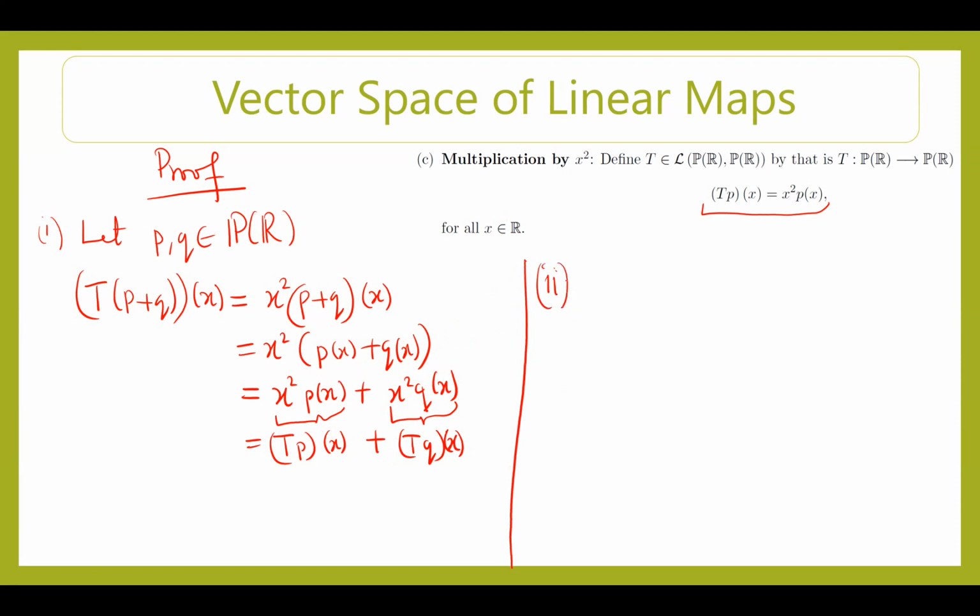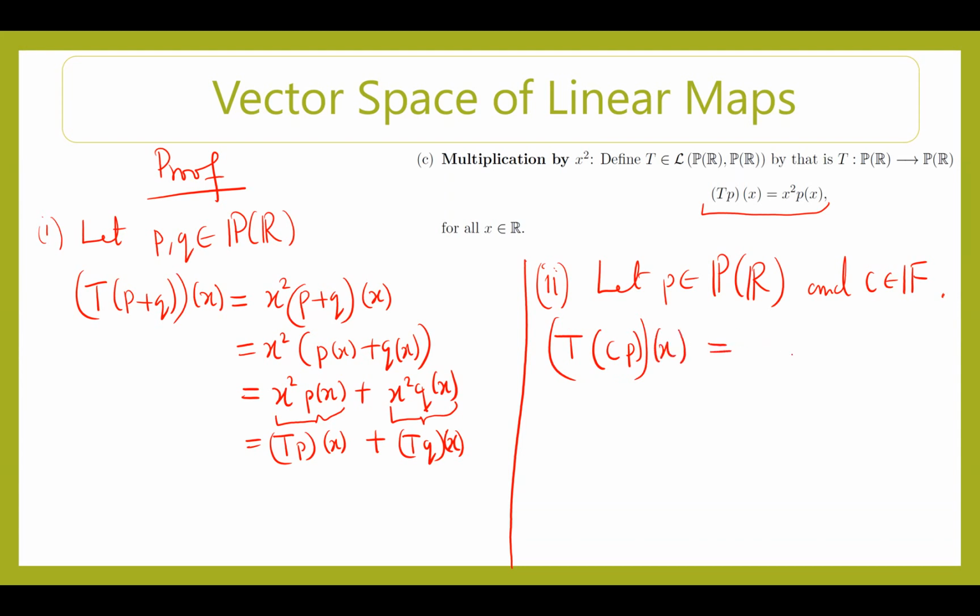So let's see the second property. Let P again be from this vector space of polynomials, and let's take C to be from F. All right, so we want to check what is T of CP applied to X. According to the definition, it should be X squared times CP applied to X. We know that this is a polynomial, so the constant can be factored out.